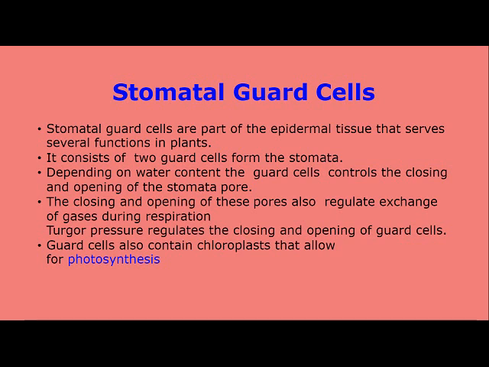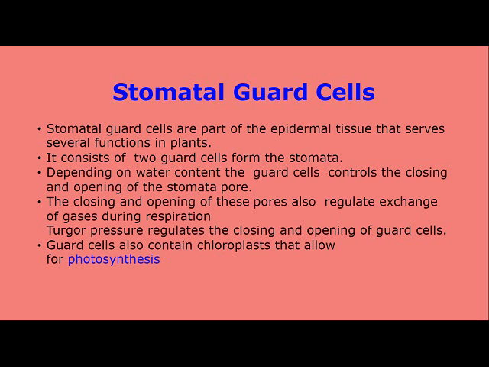Like when you open your mouth and say "oh", how your mouth becomes round. In the same way, stomata is also an opening, like how when you say "oh", your lips become oval in shape. In the same way, children, stomata is that opening, and that opening is guarded. How your mouth is guarded with two lips, there the stomata is guarded with two cells, and these two cells are called the guard cells.